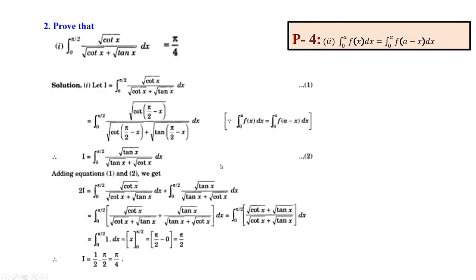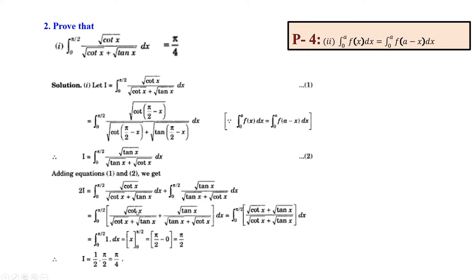Now the next one, here also it is the same. Integral 0 to pi by 2 square root of cot x by square root of cot x plus root of tan x. Take the given one as I. Apply P4, the second subdivision, and then this is what we arrive at. Again, here also the denominator is the same. If we name this as equation 1 and this one as 2, adding these two equations, 2I is equal to integral 0 to pi by 2 square root of cot x by square root of cot x plus root tan x dx plus integral 0 to pi by 2 square root of tan x divided by square root of tan x plus root cot x.